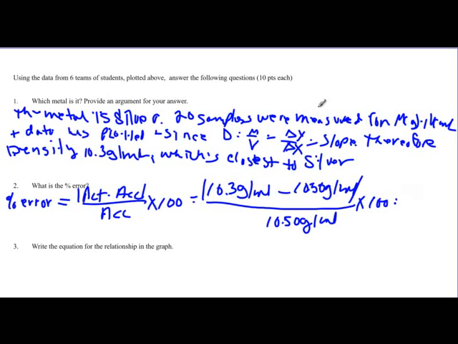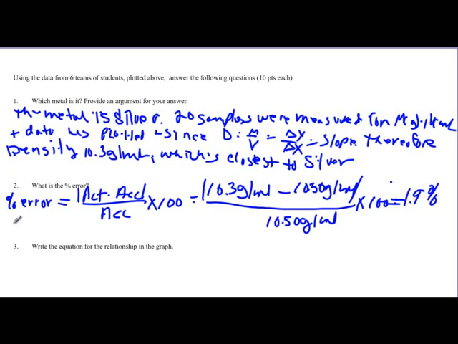I get 1.9% error. Okay? It actually says negative on my calculator, but I know it's the absolute value, so that's going to be a positive. Okay, so now it says write the equation for the relationship.